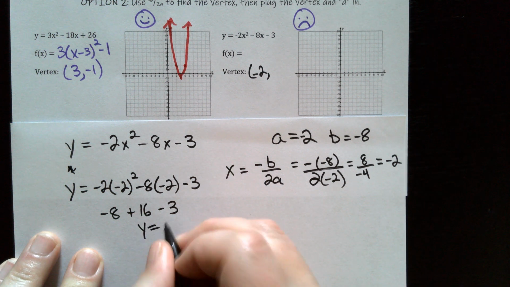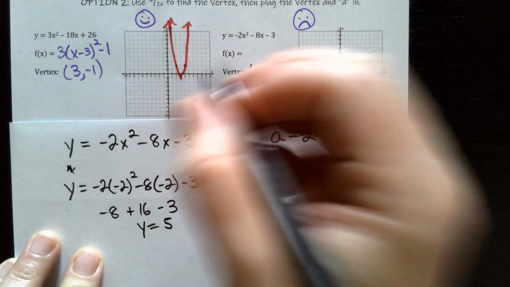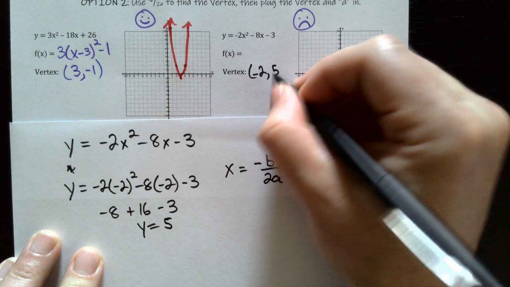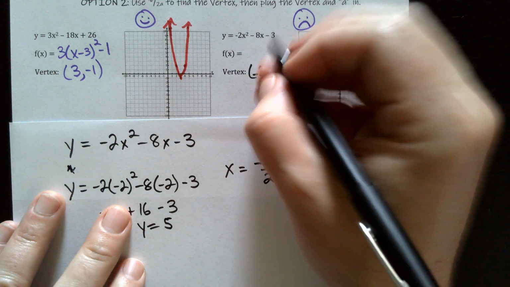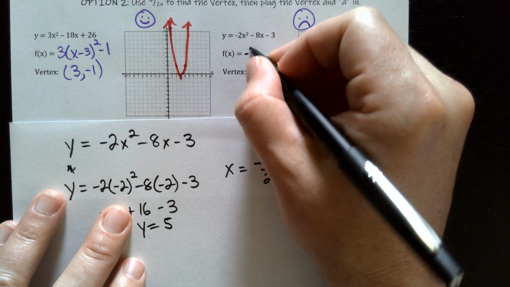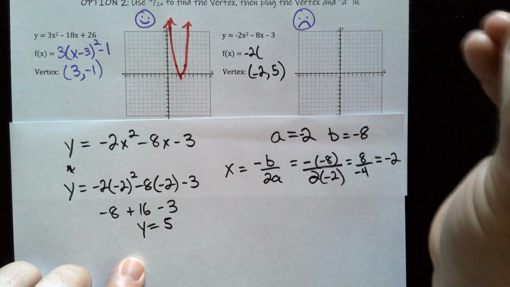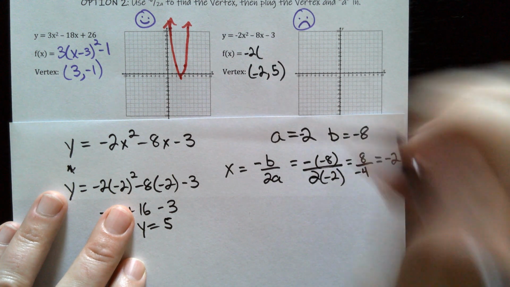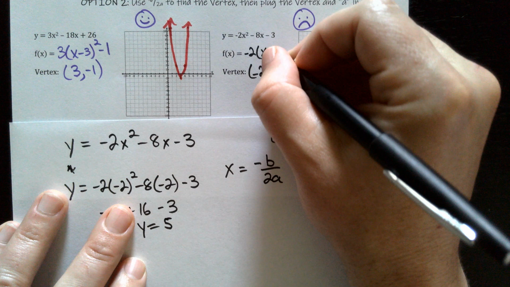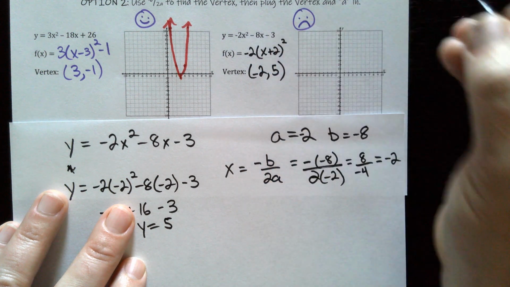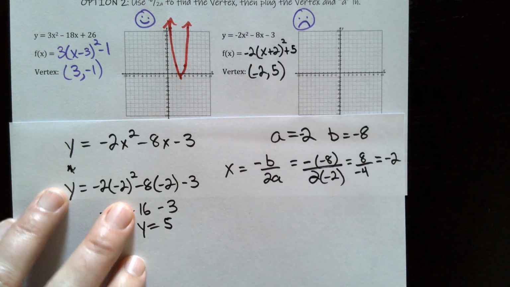Y is equal to 5. Okay, so 5 is the other portion. In vertex form, it would look like this. The negative 2 goes in front because that's the a, and then it would be x minus a negative 2, so x plus 2 squared, and then plus 5. And that's it.